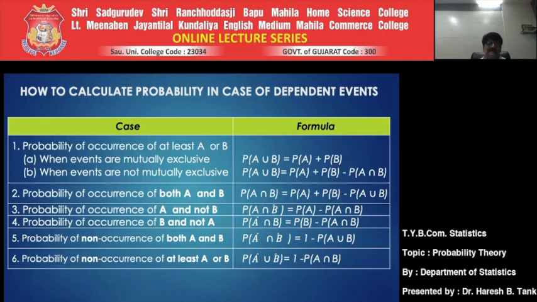The another case is probability of non-occurrence of at least A or B. Look, the word used here is at least. Connector is or. Since connector is or, it will be converted to union. Okay. So our intention is to get probability of A complement union of B complement.